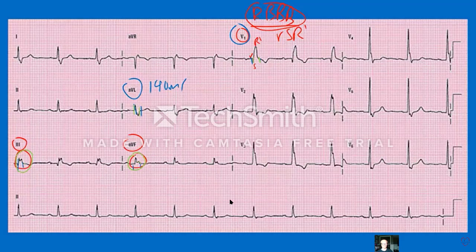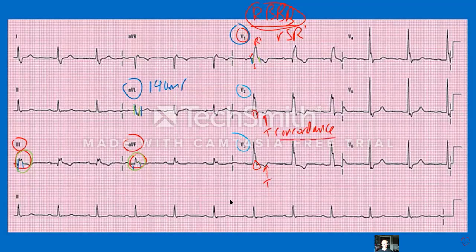Well, if you look at leads V2 and V3, you can see that they are concordant. Notice that the last part of the QRS complex, this here, is going in the same direction as our T wave here, and we call that concordance. Remember, we said discordance is the normal state, so we don't have that normal state here in the bundle branch block.